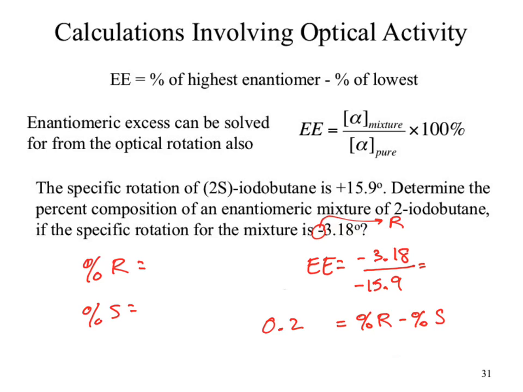Except that I also have to remember that useful equation that 100% equals the percent R plus the percent S. Two equations, two unknowns. Now I can go through and solve. I think it's easier if you drop into the decimal notation for this.